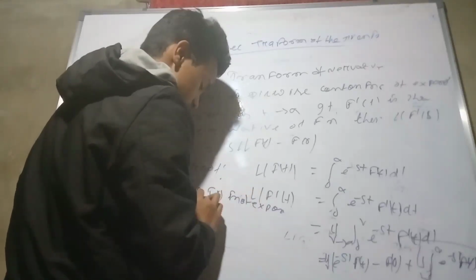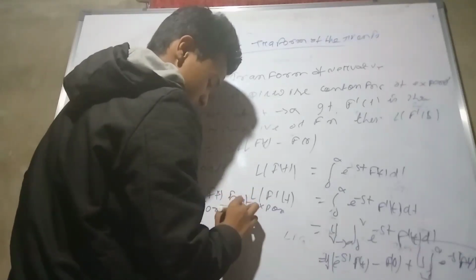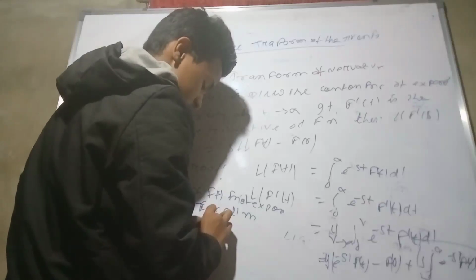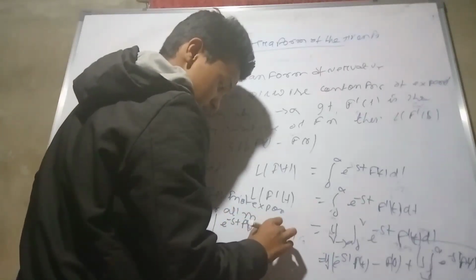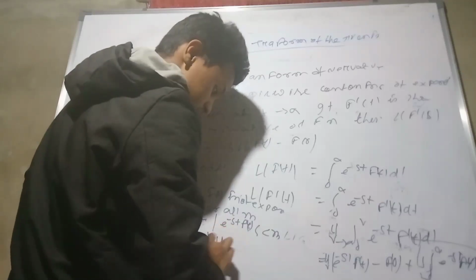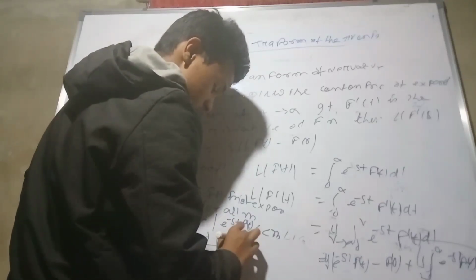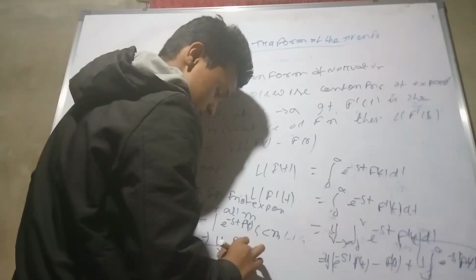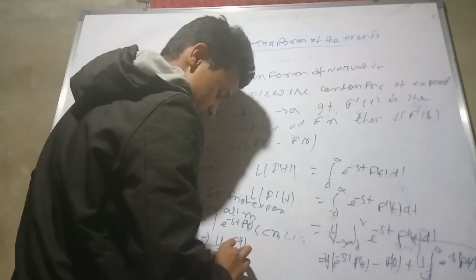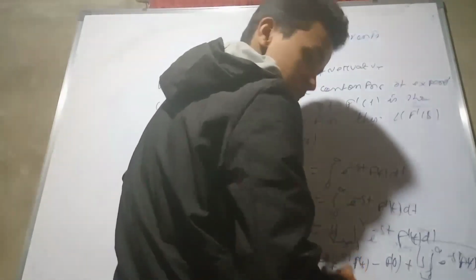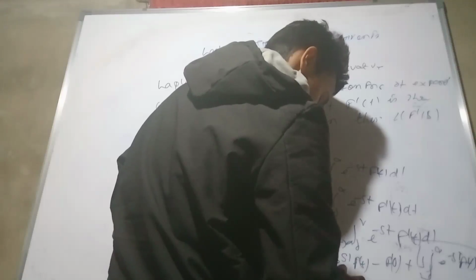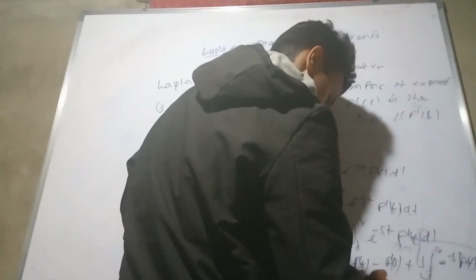That means there exist M and sigma such that the absolute value of f(t) upon e to the power sigma t is less than M. That means limit t tends to infinity of f(t) upon e to the power st gives us 0. So that is our proof. We have shown that it is s times the Laplace transform minus f(0).